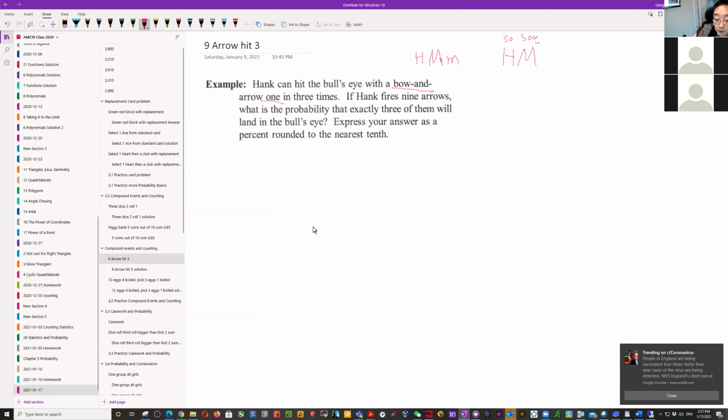So if I think about it this way, what we are going to deal with is a 9-tuple, because we are trying to find all the probabilities that you hit 3 arrows in 9 shots, and for those that miss, it still counts.